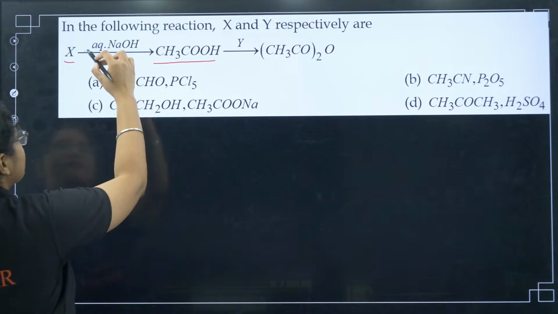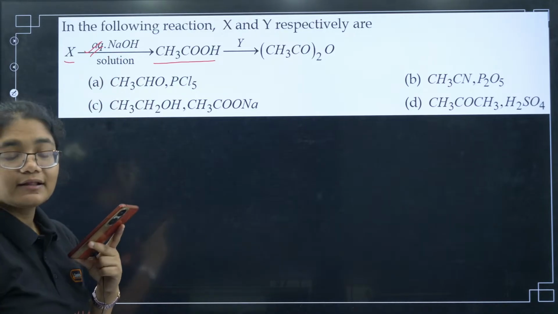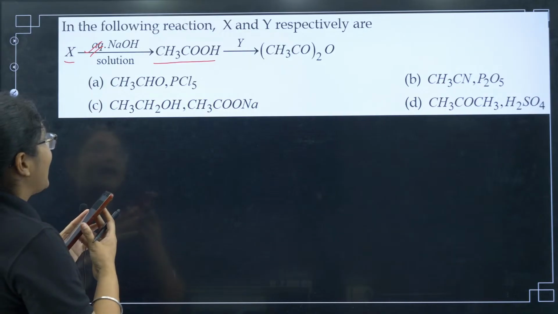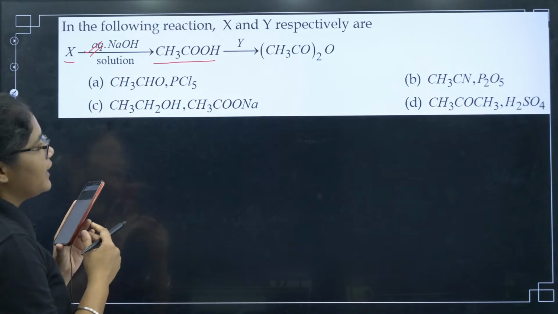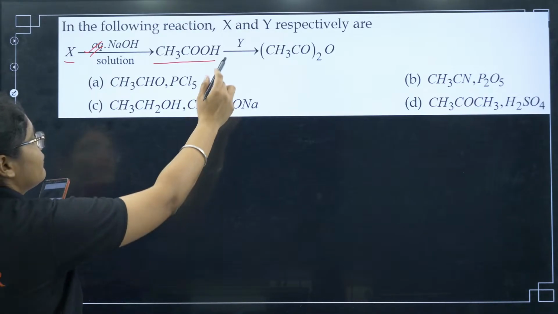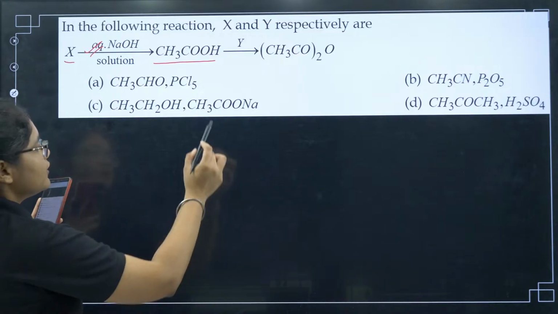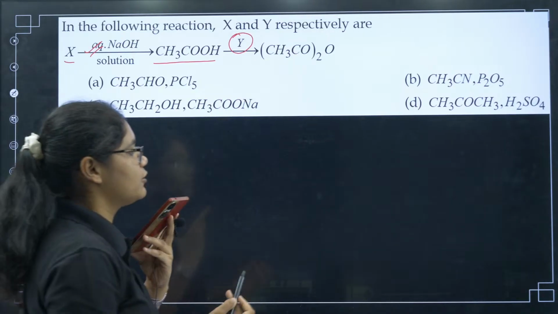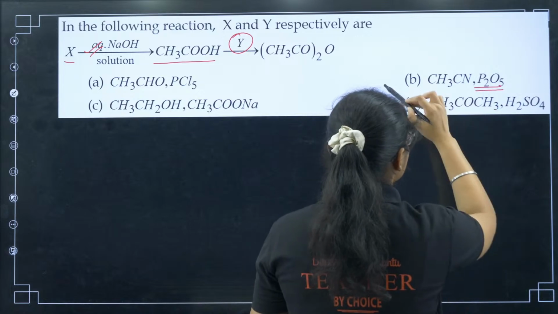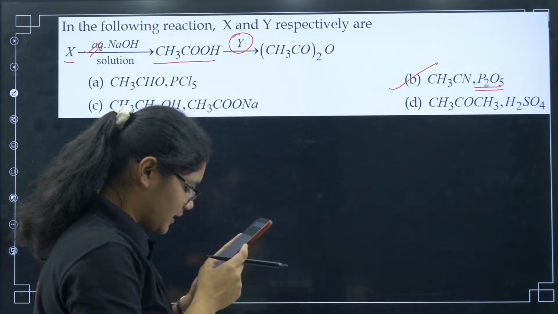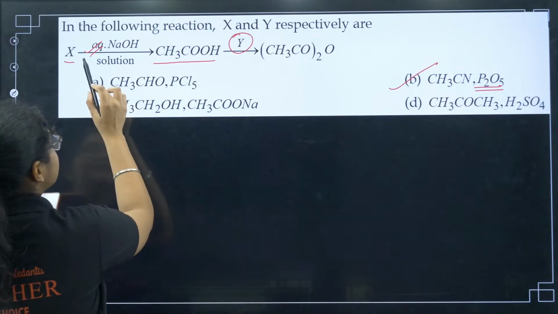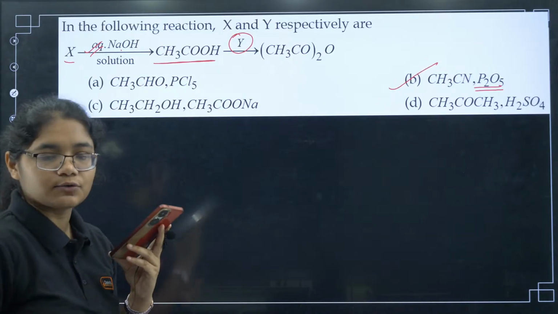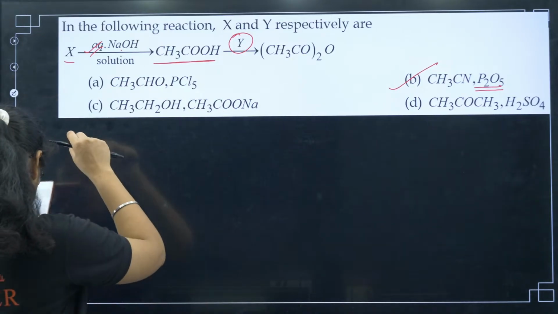You can see aqueous NaOH is being used. For Y, this is anhydride formation, and for anhydride formation I need P2O5, so option B is the correct answer. And if you take CH3CN and do hydrolysis, you will get CH3COOH. Option B here.